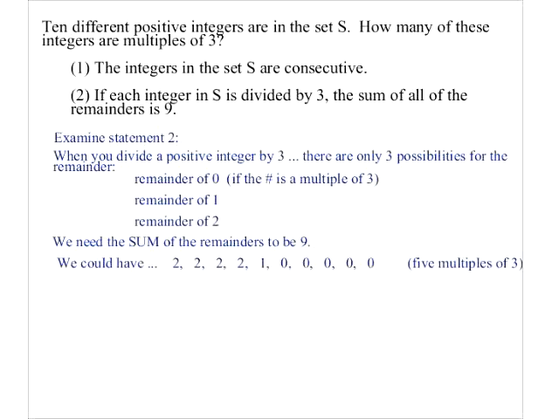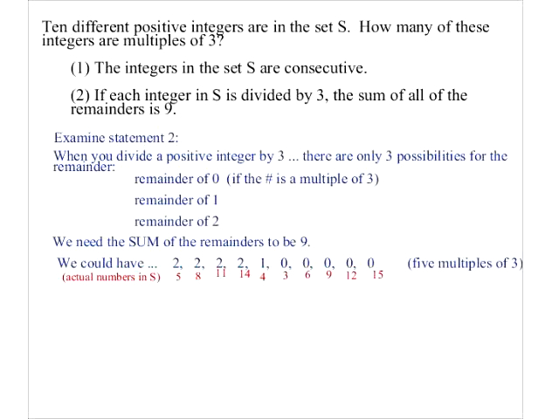Actual numbers in S could be 5, 8, 11, 14, and then maybe 4, and then the rest could just be multiples of 3: 3, 6, 9, 12, 15.